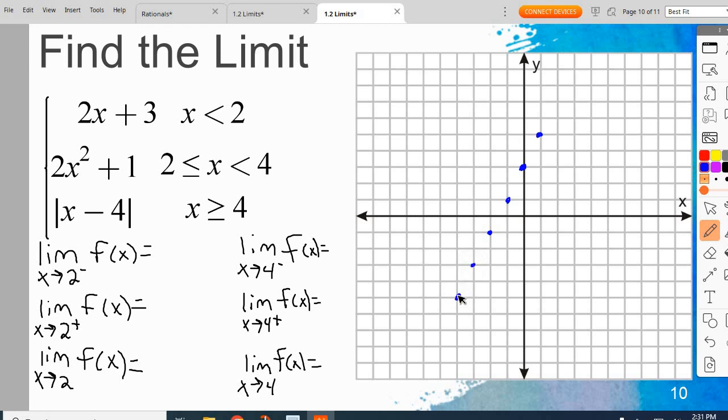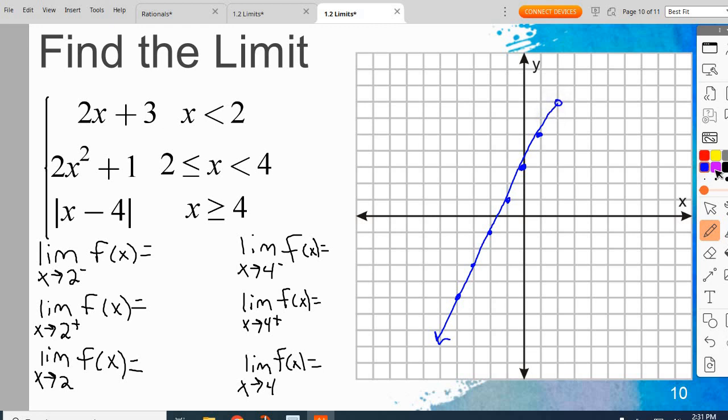Everything less than, or basically to the left of 2, yes? Yep. Now, is that going to be correct? What part's wrong? What do I need there? An open circle, because we do not have an equal to bar.